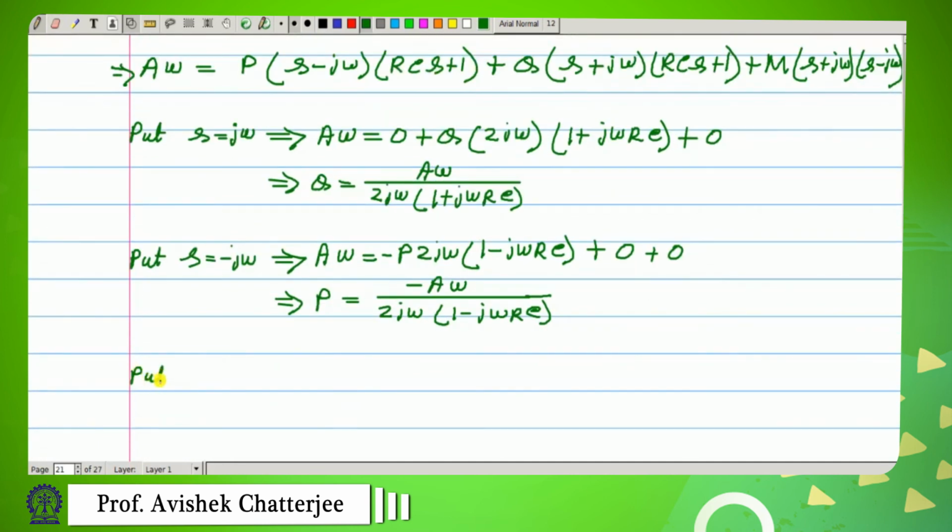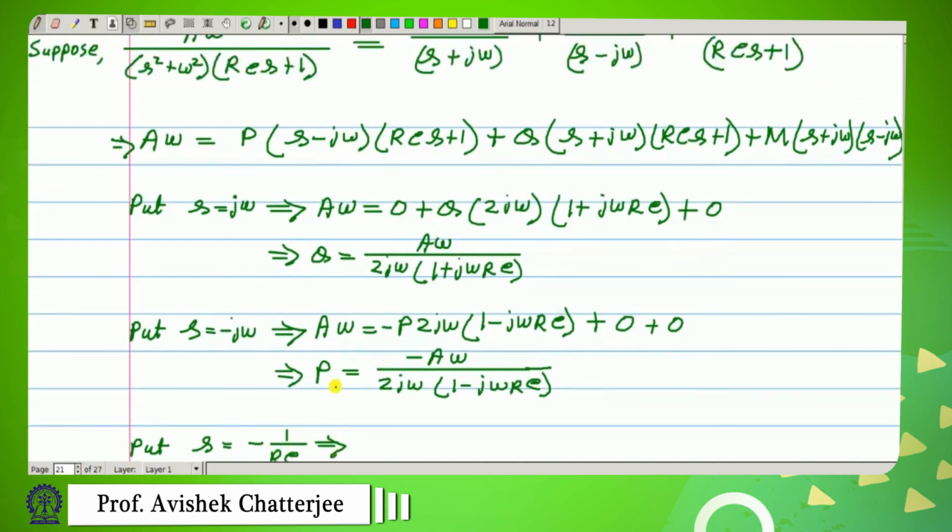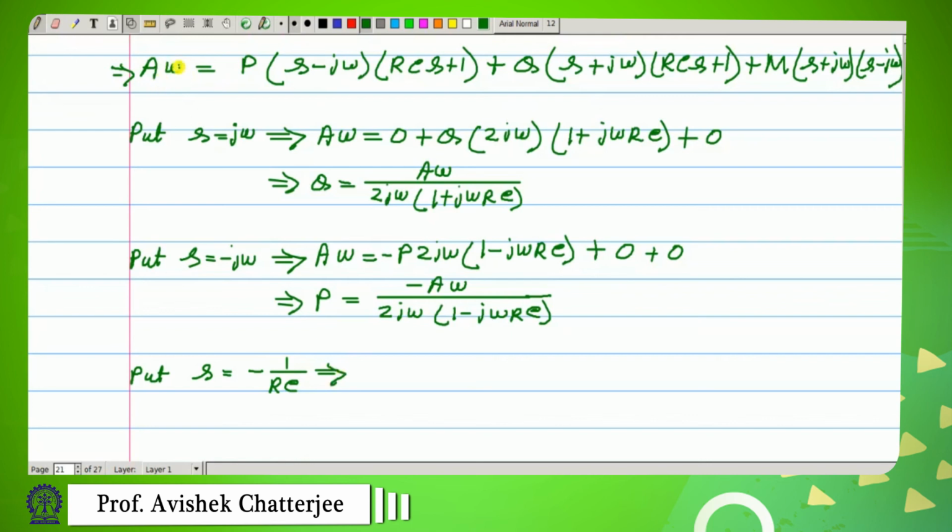So now let me put s equal to minus 1 by RC, so that from here we will have A omega equal to, this term will be 0 because s is minus 1 by RC, and plus this will again be 0, and here we will have m multiplied with (minus 1 by RC plus j omega) and (minus 1 by RC minus j omega).